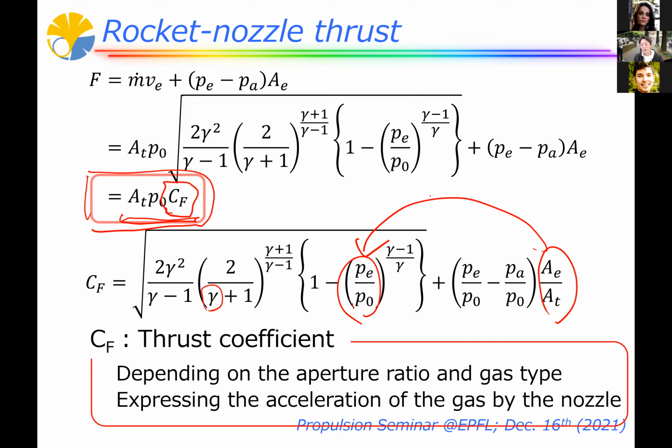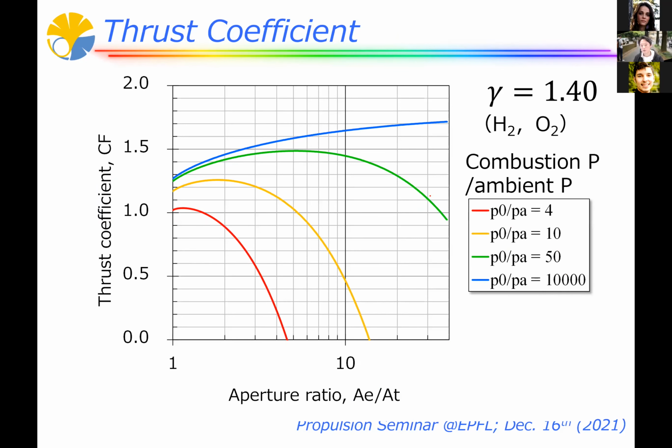So when you design a rocket nozzle, you have to take care about this value. But only this value should be taken care of. So this is thrust coefficient. So this slide shows how thrust coefficient is changing by multiple parameters. So here I change the pressure ratio.